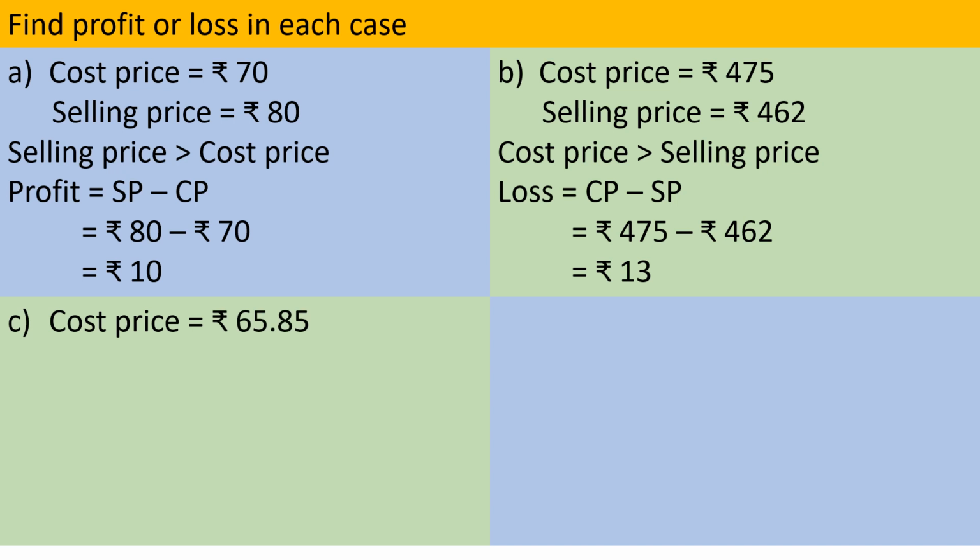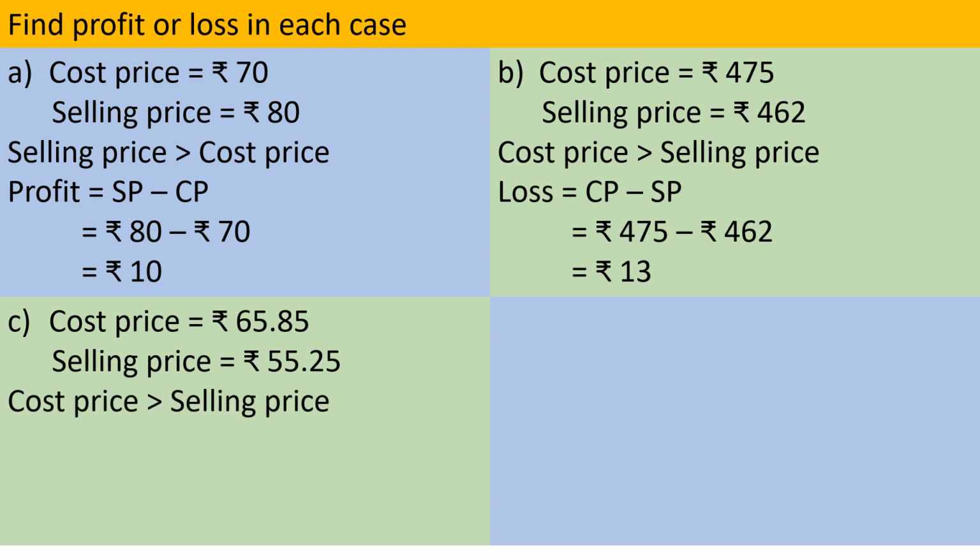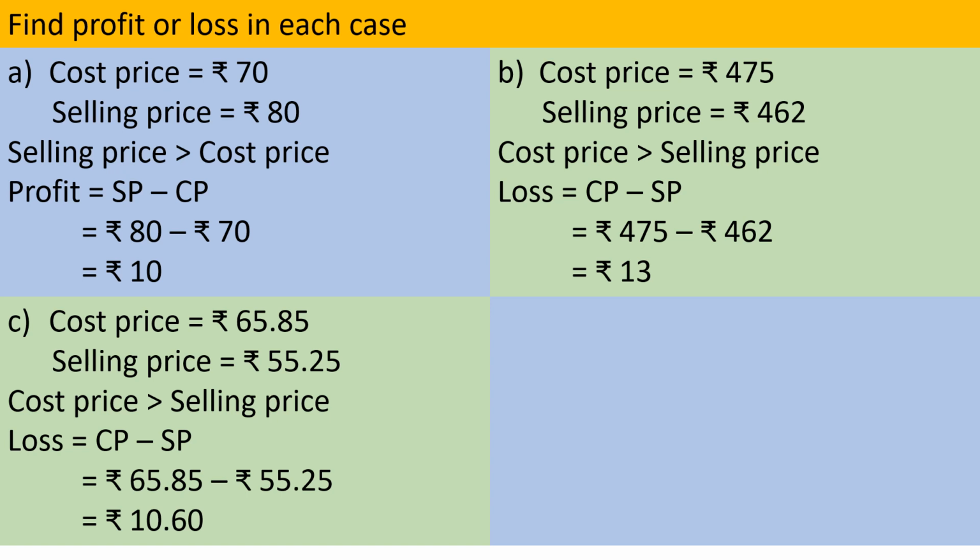Let us do one more question. Here cost price equals rupees 65.85 and selling price equals rupees 55.25. Here again selling price is less than cost price. It means there is a loss, and loss equals cost price minus selling price. So here it is rupees 65.85 minus rupees 55.25, and what is the loss?